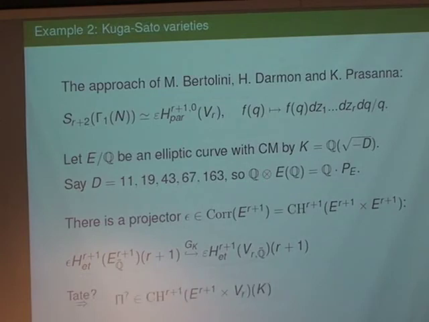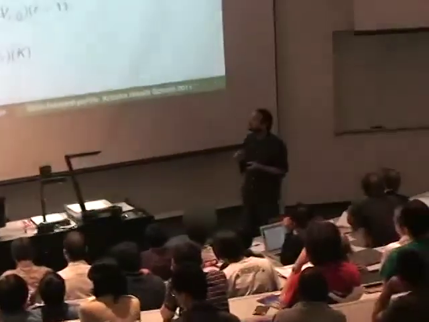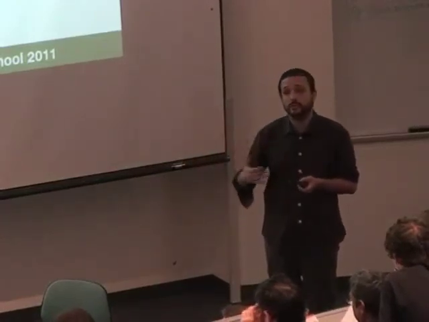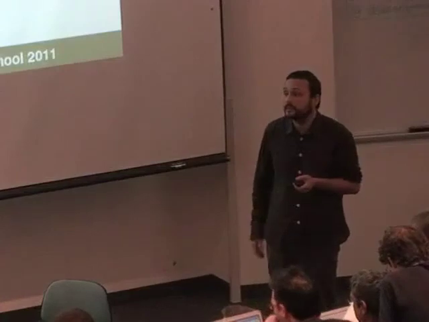And what Tate's conjecture promises to you, although it is not proven, is that there should be a cycle on the product of the two varieties, R plus 1 copies of E, cross our Kuga-Sato variety, which is a cycle of codimension R plus 1. Okay, so with this cycle with us, we can reproduce the diagram that we had in general.